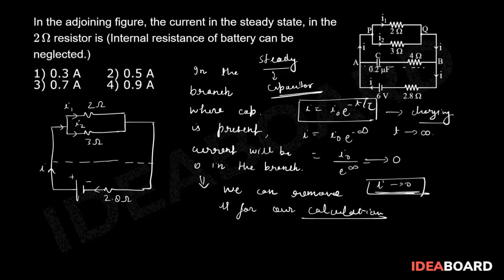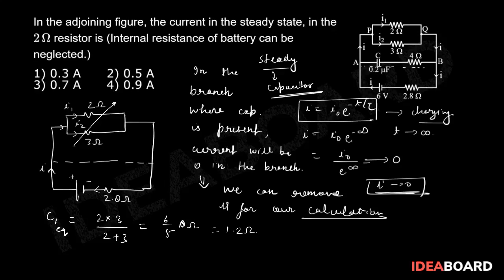So first of all, you can find the equivalent resistance. The equivalent resistance of these two, let's say R1 equivalent, is 2 into 3 divided by 2 plus 3, because both are in parallel. So this is going to be 6 by 5 ohm, which can be written as 1.2 ohm.